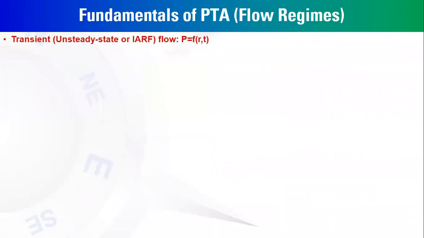So now, very important fundamentals for pressure and rate transient analysis are the flow regimes. Flow regimes simply are the description of the relationship between pressure and time. So the first flow regime is the transient, or the unsteady state, or infinite acting radial flow.